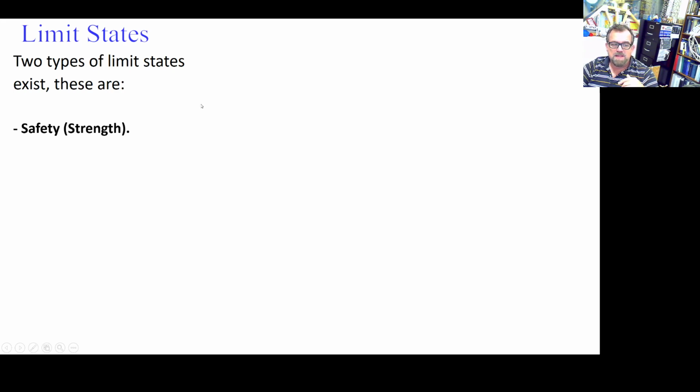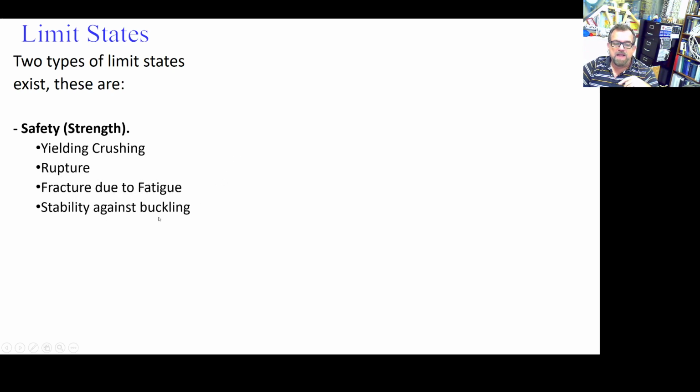One of them is safety, the strength of the structure. And those limit states are yielding or crushing of the sections, rupture of the section, fracture due to fatigue from cyclic load, load on load, for example connections in bridges. Stability against buckling, we already discussed that. Overturning of the structure, sliding, sway, drift.